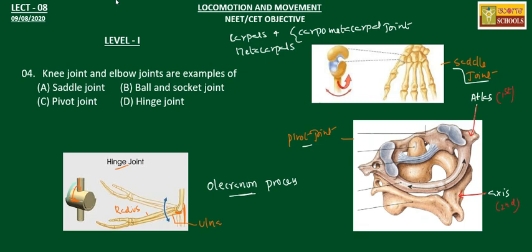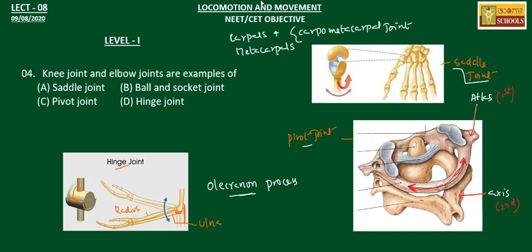And you can see there is a small projection of the axis that fits into the atlas, and this will help in the movement of this atlas in either direction. You can see it can move in this direction or in this direction. That is the reason why we are able to move our head to left and right.